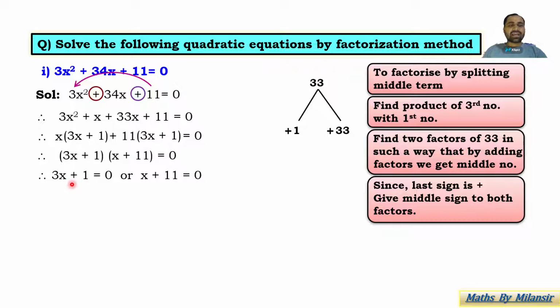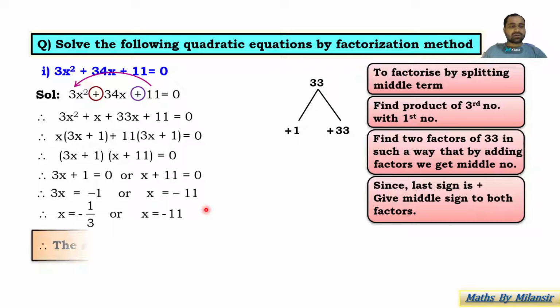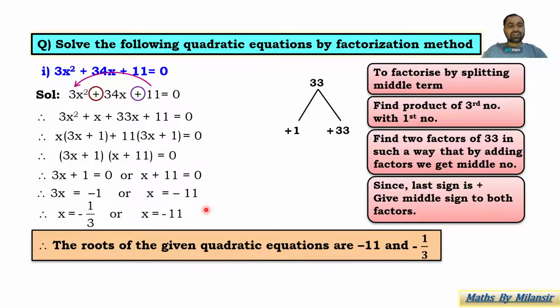Now making x as a subject, 3x equal to minus 1 and x equal to minus 11. So x equal to minus 1 by 3, this 3 goes to the denominator, and x equal to minus 11. Therefore the roots of the given quadratic equation are minus 11 and minus 1 by 3. That is the final answer.